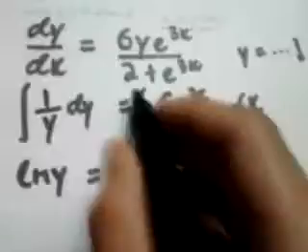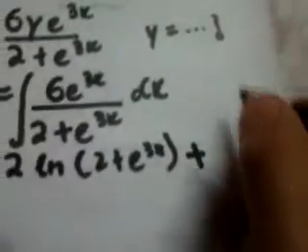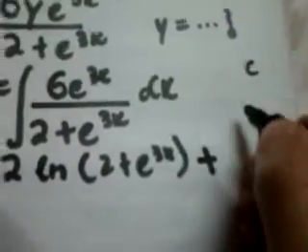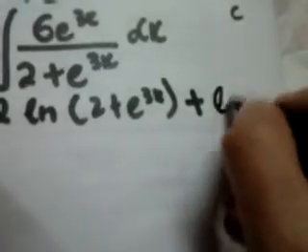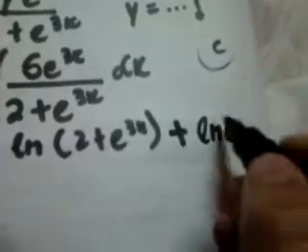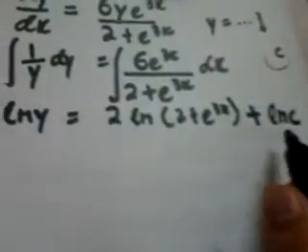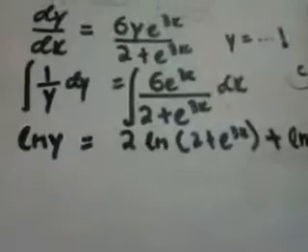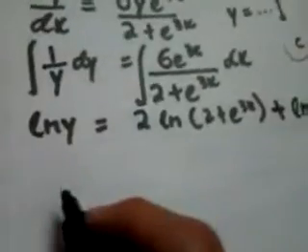And don't forget, the limits are not given, therefore we need a constant. You may call it c, but I prefer to call the constant ln c, because if c is a constant, then ln c is also a constant. You will see in a moment why I chose ln c: it's easier to work with, because here all terms are in ln.